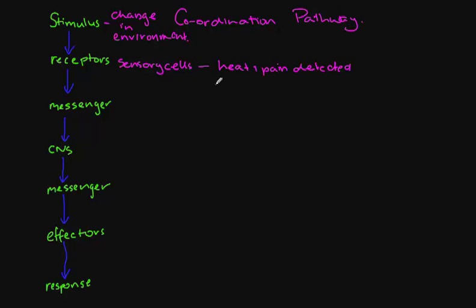So at this point, heat and pain are felt, and the messengers are the sensory nerves, neurons, and their job is to transmit impulses. So between this point and this point, we have our stimulus being converted into impulses.